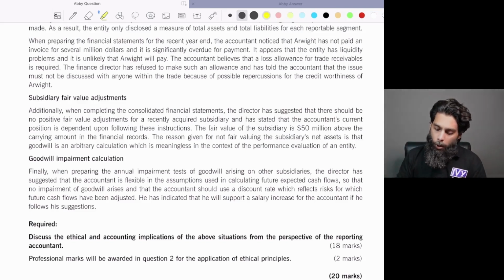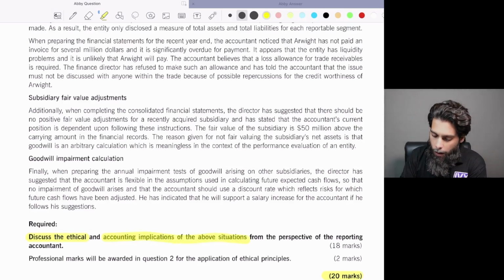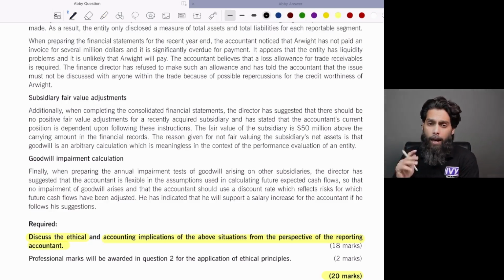All right. So overall, this is a 20-mark question that you're watching. The examiner's requirement is that you need to discuss the ethical and accounting implications of the above situation from the perspective of the reporting accountant. So the examiner wants you to take a clear position in this particular question.